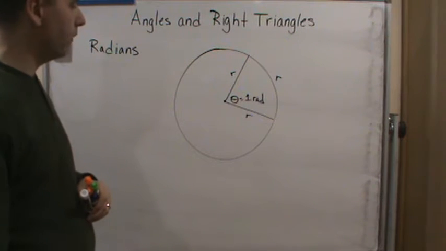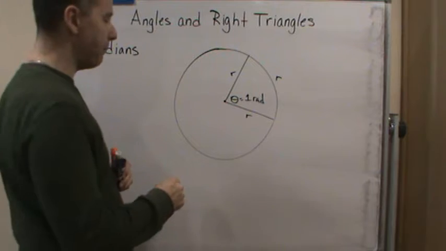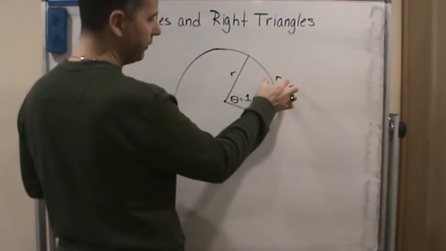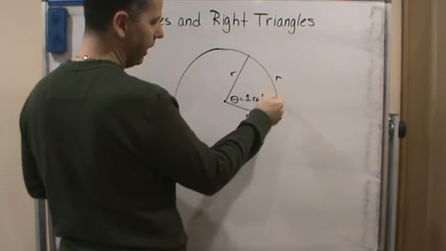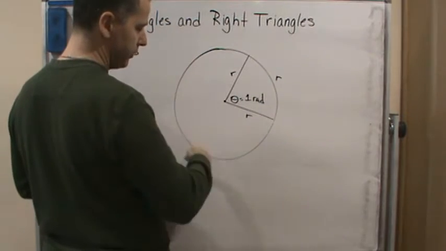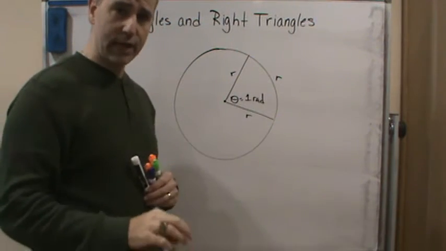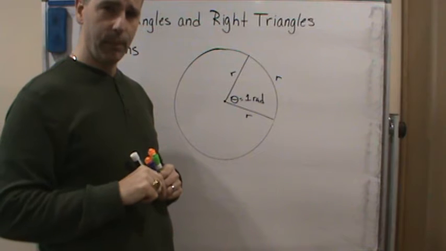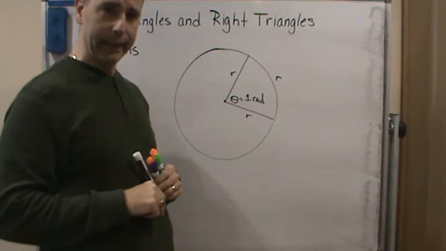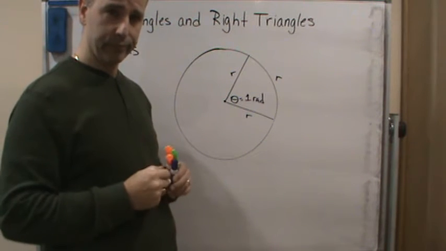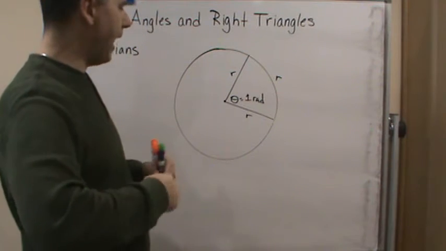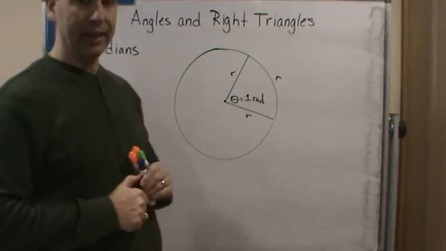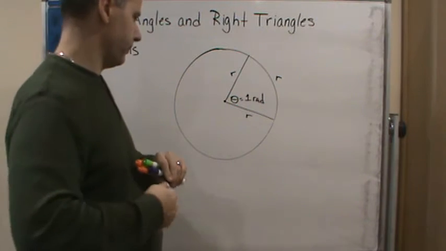Now, it just so happens that how many of these radians can fit all the way around the circle? Well, it turns out it's a little bit more than 3. So 3 and a smidge. So, in fact, 6 and a smidge.